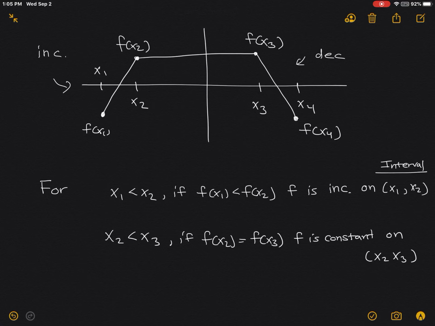Typically these questions, the graphs or the textbook, are going to ask you what interval it is increasing or decreasing on, and you would just say increasing on this interval, constant on this interval. It's always in parentheses.